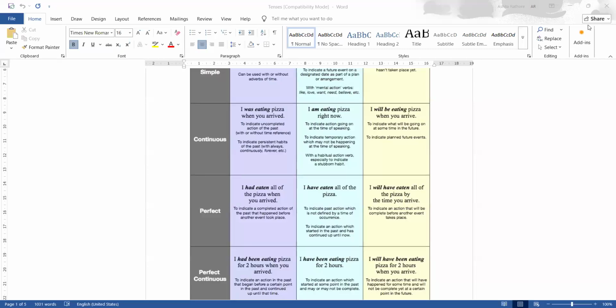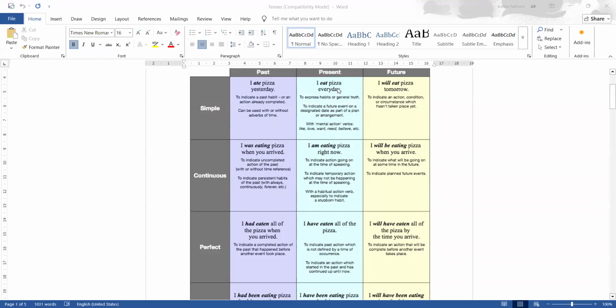V1, verb form 1, is the verb that we get when we are trying to make simple present, right? So for example, I eat pizza every day. So "to eat" is the infinitive form. Then it gets converted into the first form, that is eat or eats. Okay. The present tense. That means now the verb has started conjugating.